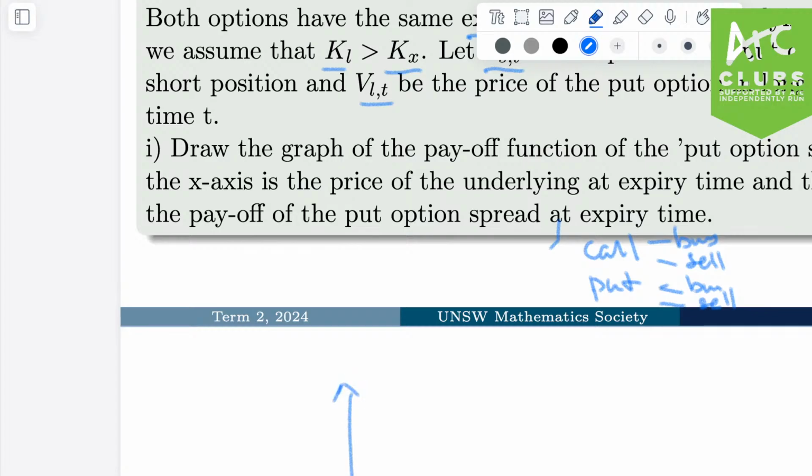So I'm going to draw the diagram separately, and then I can combine them together. On the x-axis, they want us to have the price of the underlying asset.